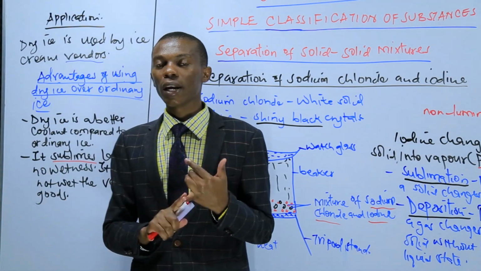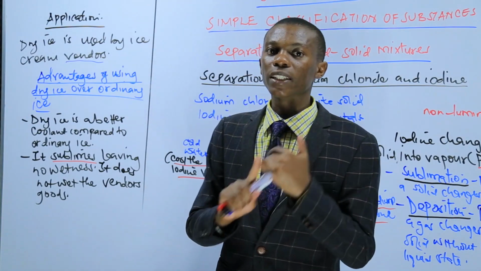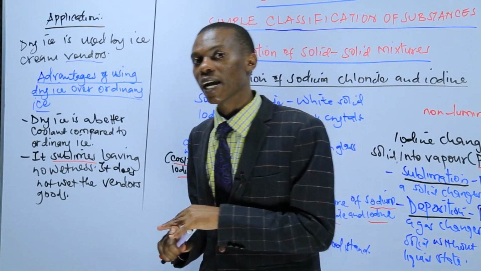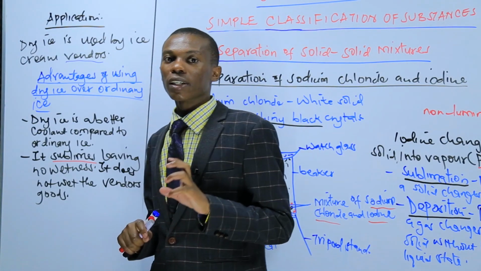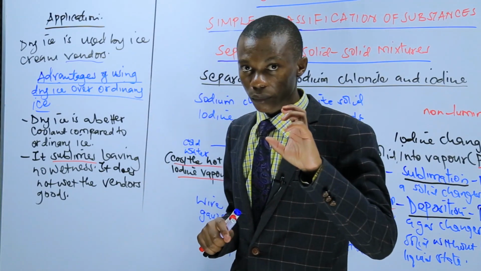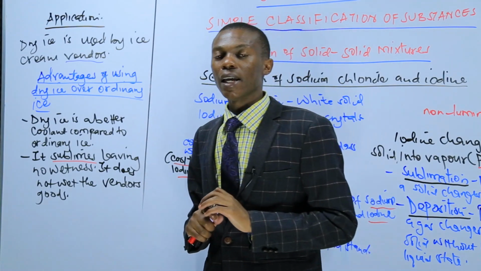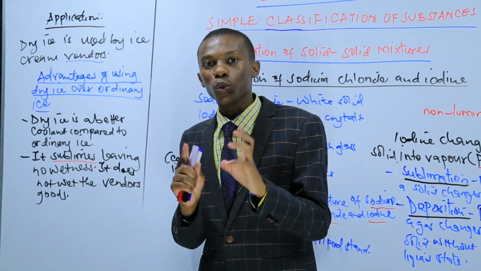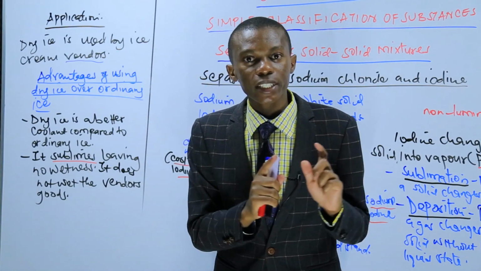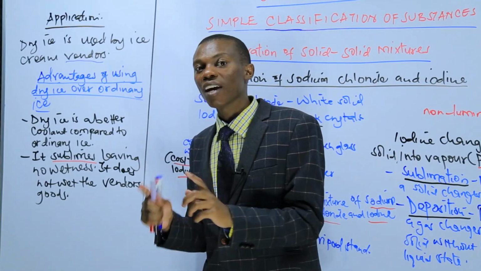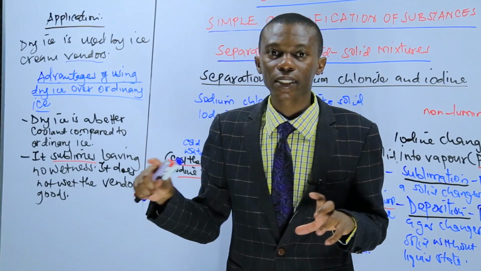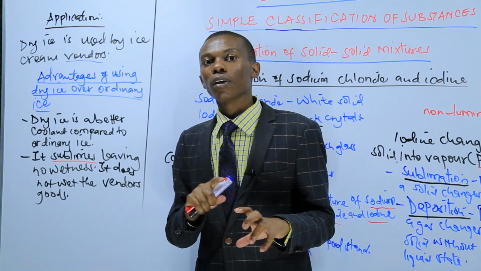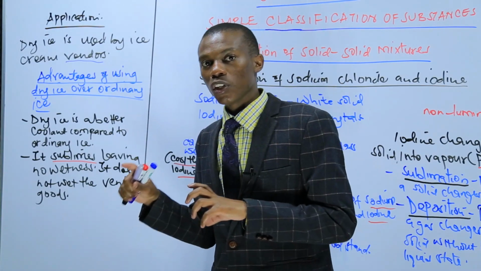One, dry ice is a better coolant compared to ordinary ice. And second, it sublimes, leaving no wetness. Subliming means that it is able to change from a solid to a gas directly, and therefore it is not going to wet the goods of the person using it.